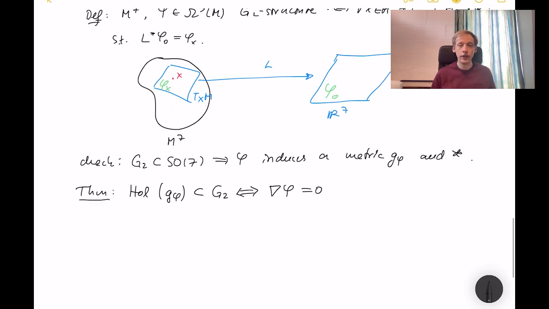Right, let me give you one example of a torsion-free G2 structure, so a G2 structure satisfying nabla phi equals 0. To this end, let dx1, dx2, dx3 be parallel forms on T3.